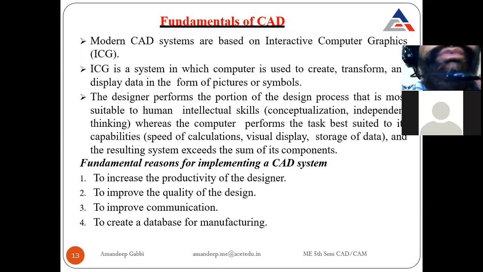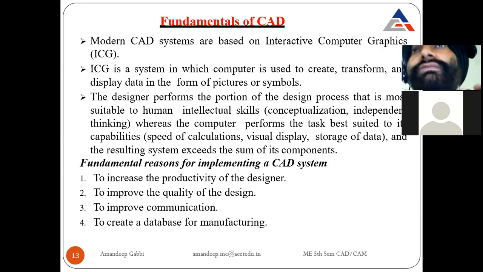The designer performs the portion of design process that is most suitable to human intellect: conceptualization, independent thinking, whereas the computer performs the task best suited to its capability: speed of calculation, visual display, storage of data.